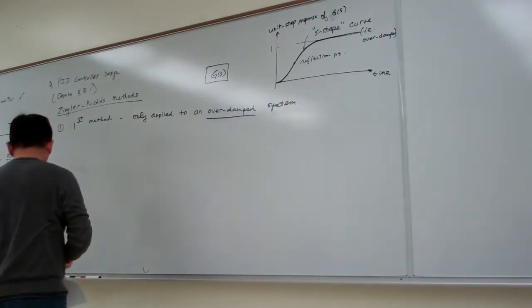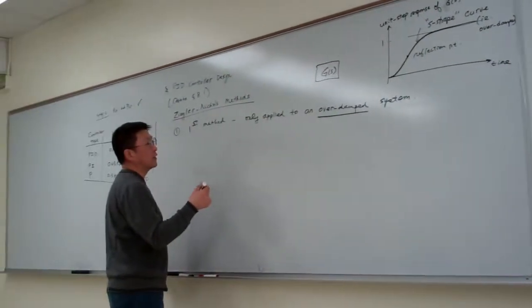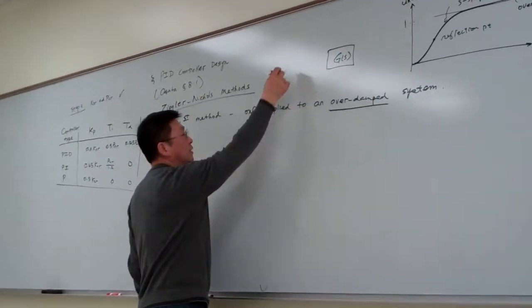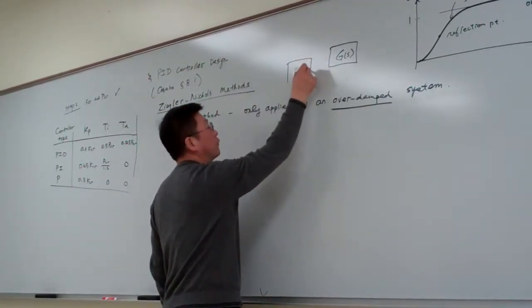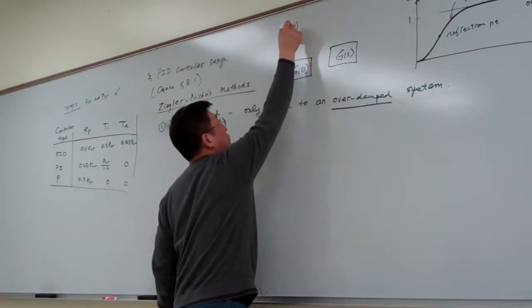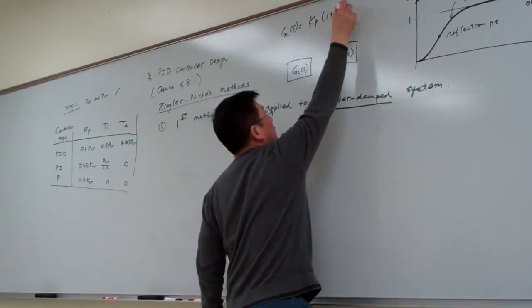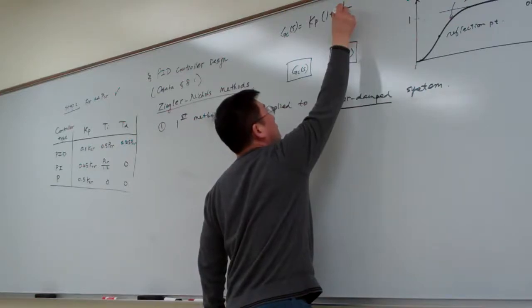So for this method, we need to start with the preparations. Our design goal is to have a controller, hopefully this controller Gc, and again the Gc is the PID controller, or a combination of PI, PID, whatever.